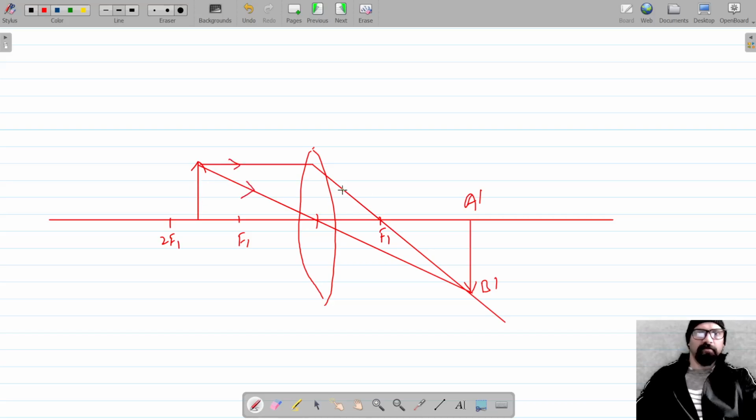These are the directions of the rays. And this image is formed beyond 2f2. This is the object AB, and this is the image A dash B dash. Okay, so these are the two cases, and where the image is formed.